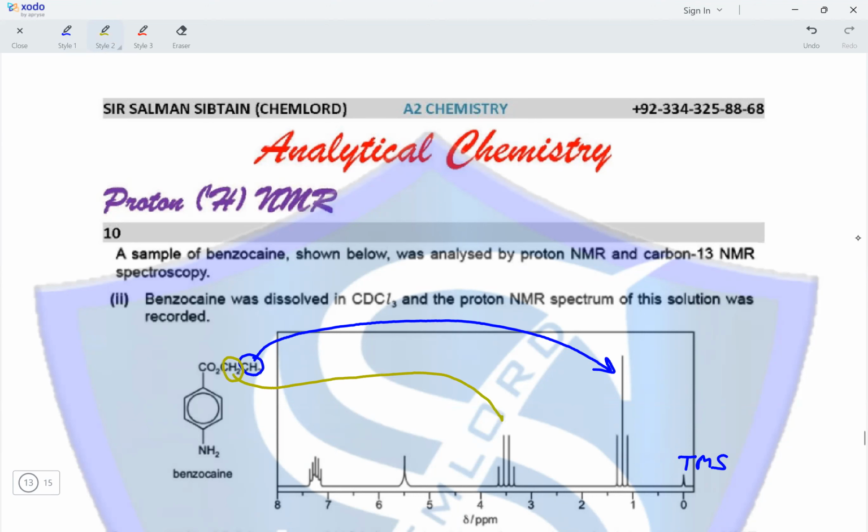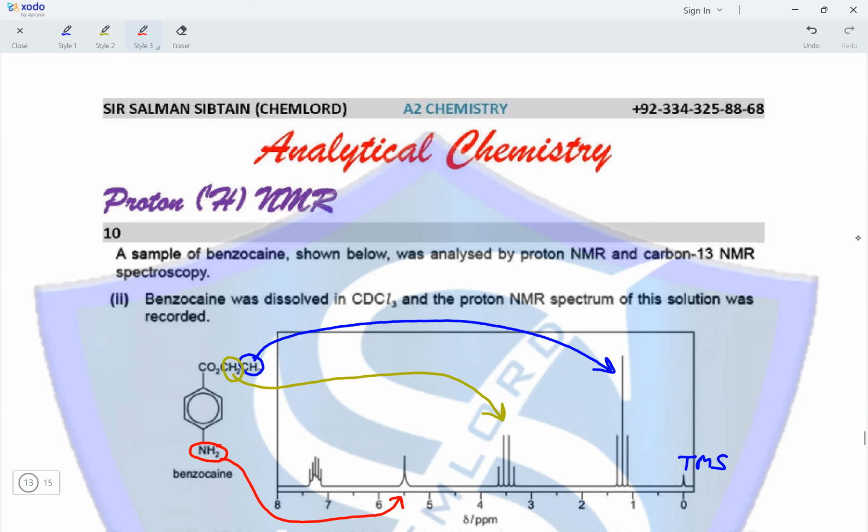Since it is next to a CH3, it will split into 4. Then we have a singlet in the range of 5 and 6, close to 5.5. That would be due to the functional group amine.